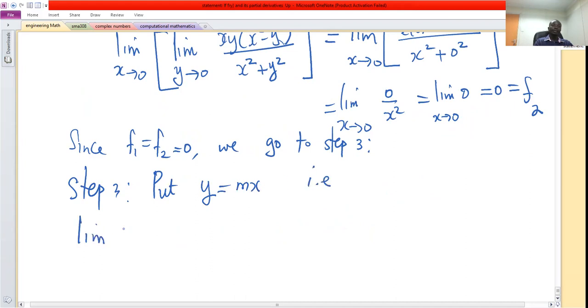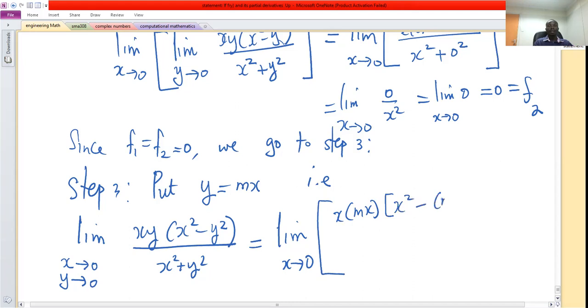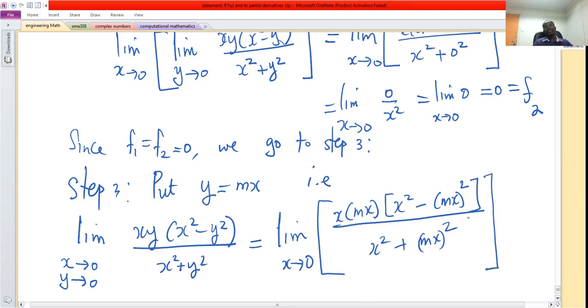It will be the limit as x approaches 0, y approaches 0 of xy(x squared minus y squared) over x squared plus y squared, which is now the limit as x approaches 0, where this y you put mx, so it will be x times mx, and then x squared minus (mx) squared, divided by x squared plus (mx) squared. So the function will now be purely in terms of x.